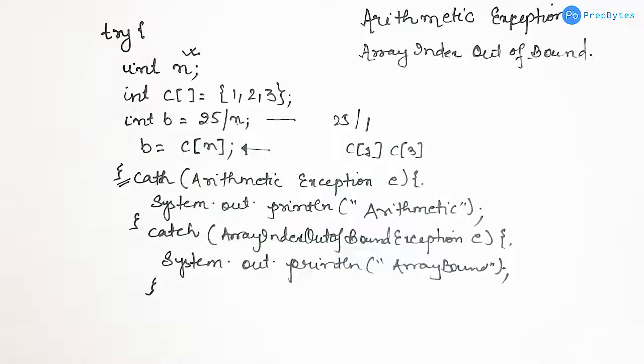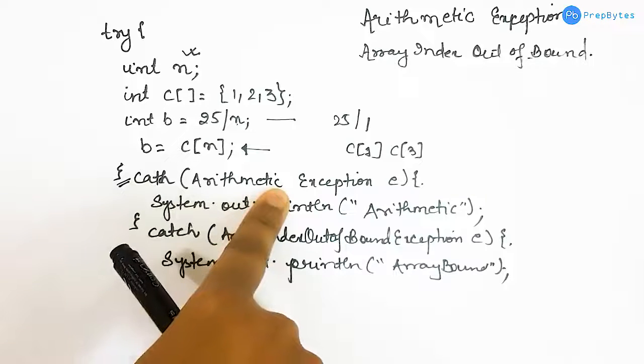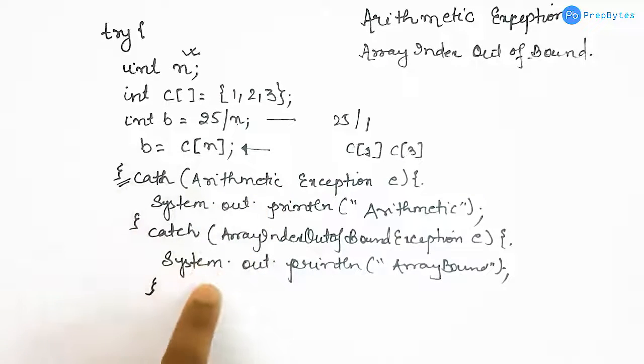One thing to note here is that whenever you are writing multiple catch blocks, you first try to catch an exception of the subclass, and then in the end you can catch an exception of the superclass.